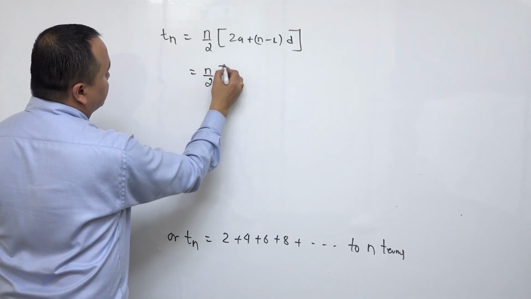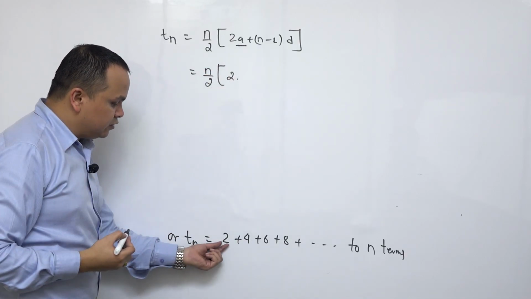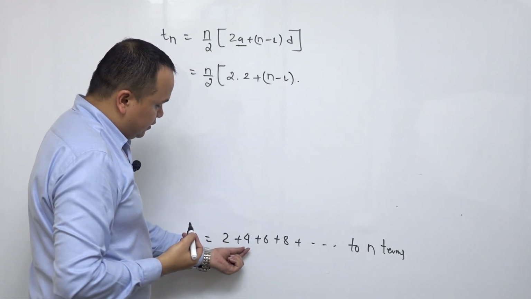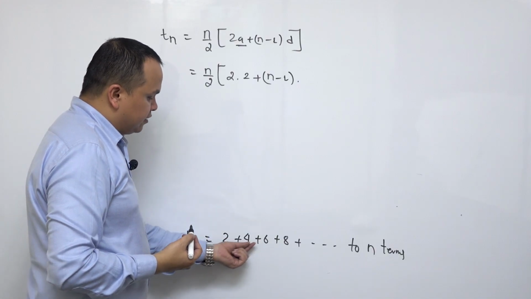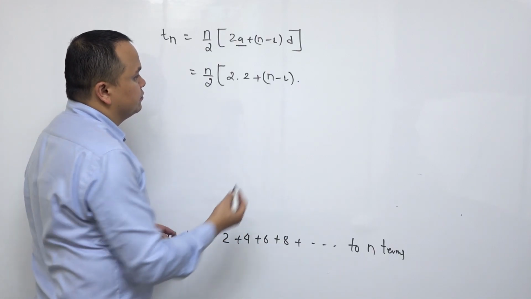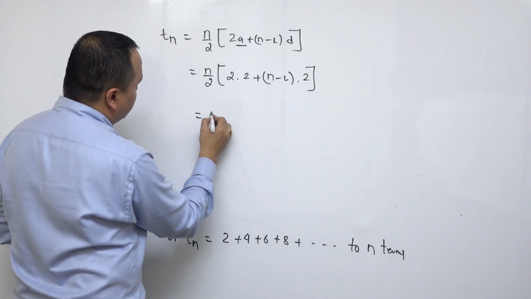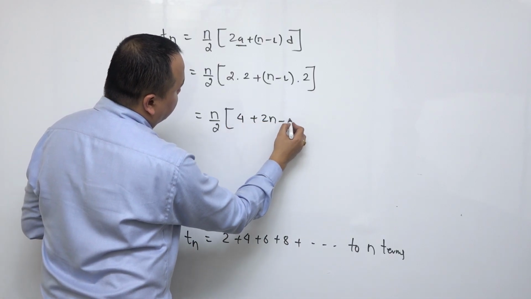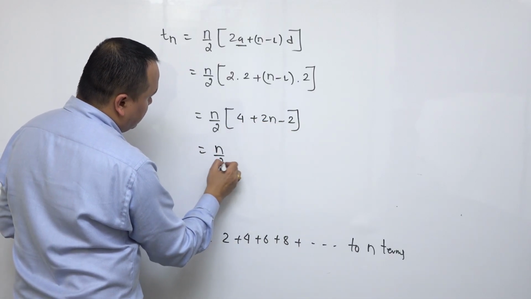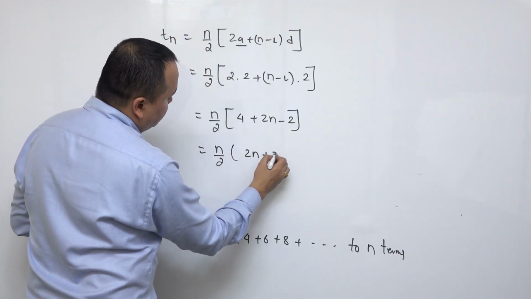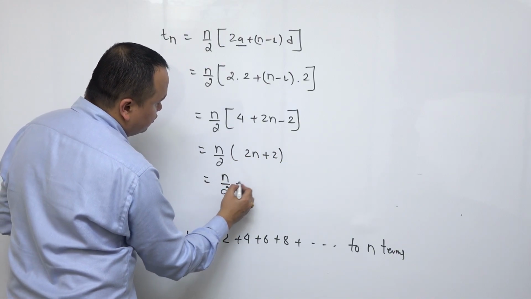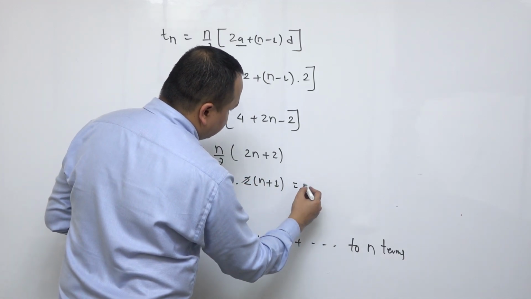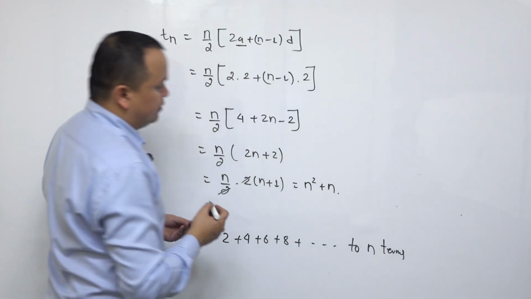Here n/2, 2 into a, the first term is 2. n minus 1, the d, common difference, 4 minus 2, 2. 6 minus 4, 2. 8 minus 6, 2. n/2 (4 plus 2n minus 2). n/2 (2n plus 2). n/2, 2 is common, n plus 1, 2 to cancel. So Tn is n square plus n.